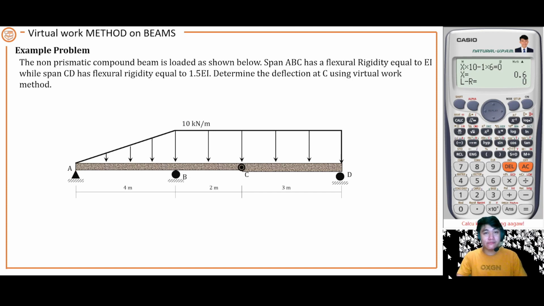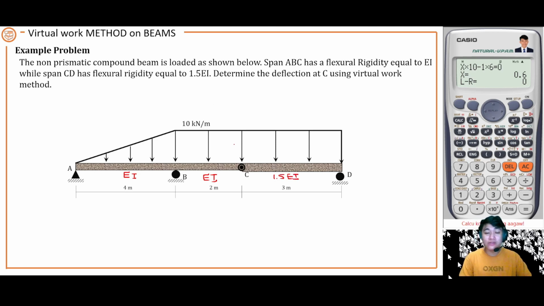Okay, next problem. The non-prismatic compound beam is loaded as shown below. Span ABC has a flexural rigidity equal to EI. This one, the flexural rigidity of this is just EI. However, for C to D, the flexural rigidity is 1.5 EI.